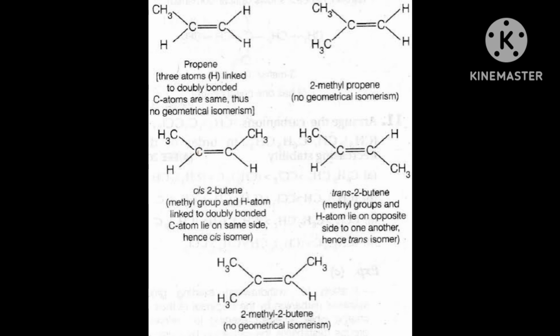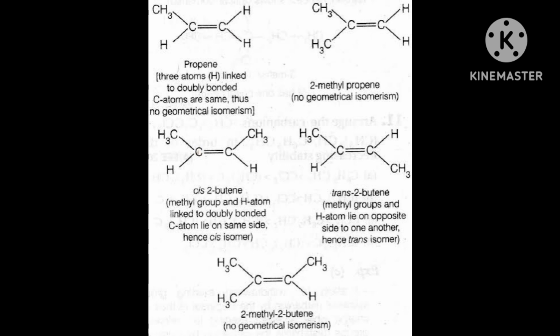Now I have told you about the cis and trans forms. Again, I will tell you more about the cis and trans forms. The cis form of alkene means a double bond. The cis form of alkene is found to be more polar than the trans form.